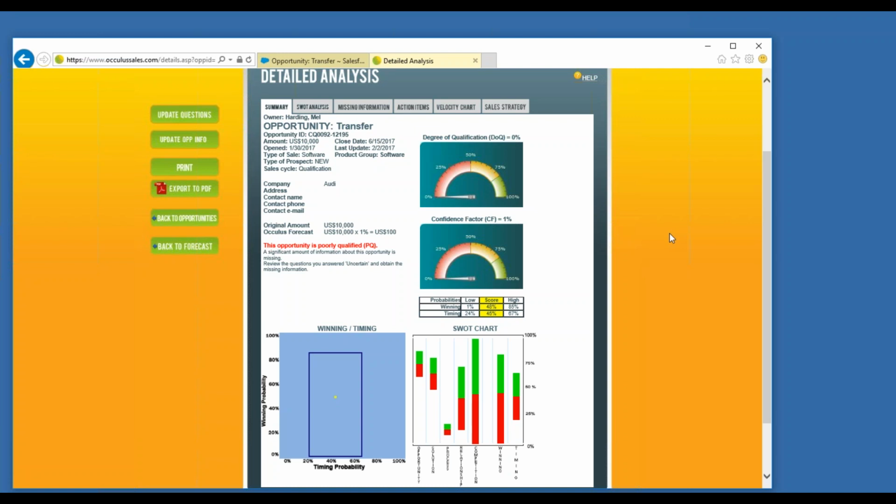Okay? So at this point in time, we're going to say goodbye, but I would point out that we started answering the questions for this particular opportunity at 2:32, according to this clock in the bottom right, and we finished at 2:59. So it took us 27 minutes to answer the questions.